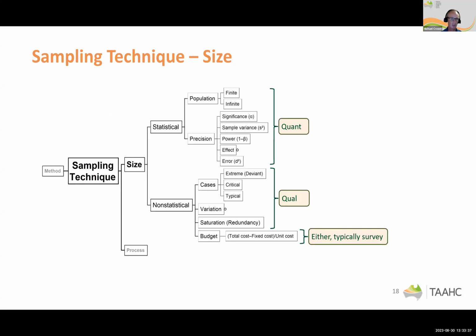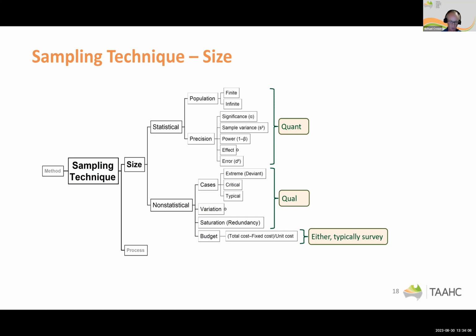The next thing you have to think of is size. And that's where statisticians like me do all sorts of statistical calculations to try and come up with a sample size for quant stuff. Qual research is done based on other ideas, such as looking at extreme cases or typical cases, or looking at having degrees of variation within the sample.